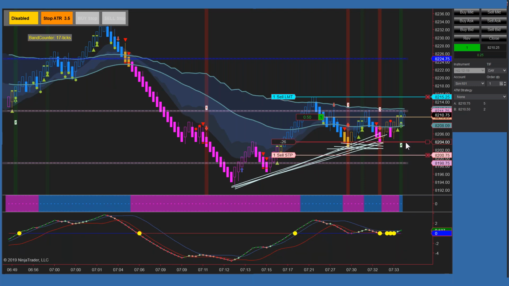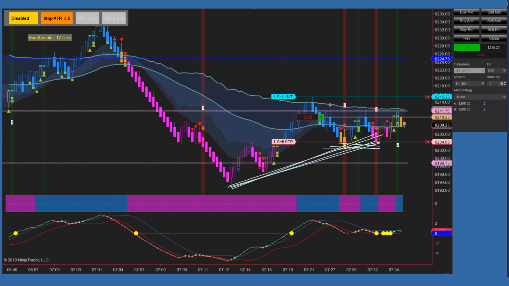So I'm going to start to trail here below anything with a tail to it. Hopefully I won't stop myself out too early. I think I have to move my little beaver dam here a little bit closer. There. Move some of my trend lines over too.